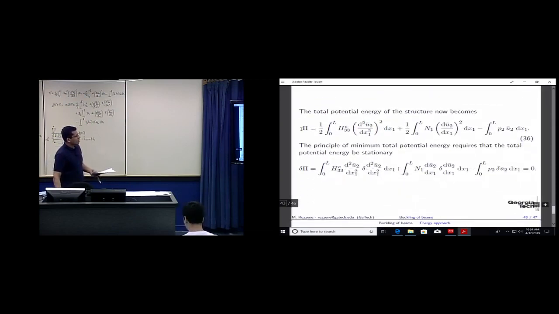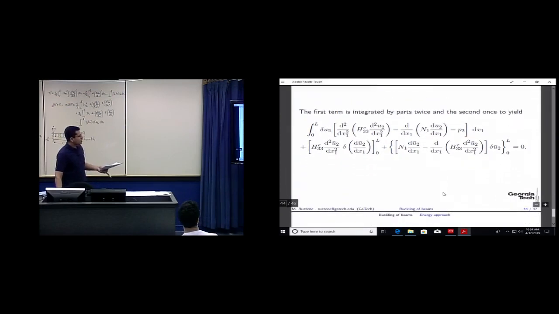Then we calculated the total expression for the total potential and took the variation. So far we are at that stage, and now what we are essentially doing is taking the derivatives of the terms which are associated with variation.